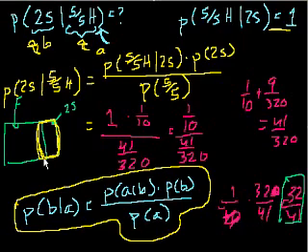And then we say, well, out of those outcomes, what percentage of them involved me getting the two-sided coin? Well, if we look here, this is the area out of the yellow where I had the two-sided coin and I got the 5 out of 5. And so this is going to be roughly 32 out of 41 of this yellow area.